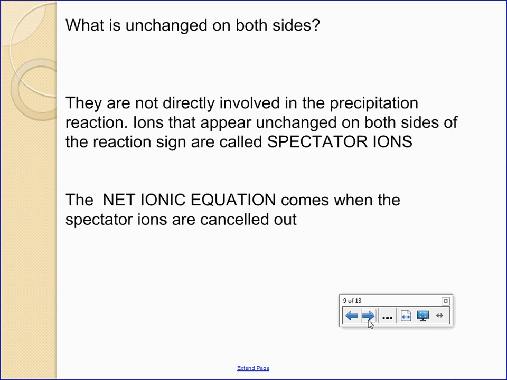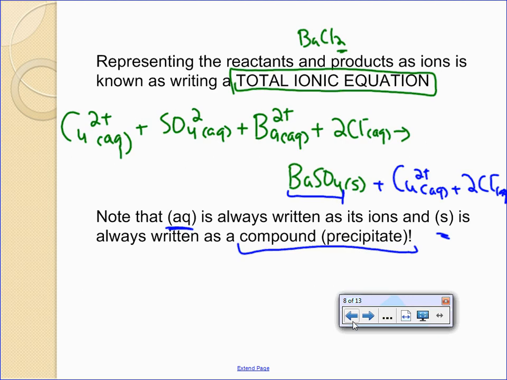So when we look at this particular reaction, we have to ask ourselves, what is unchanged on both sides? So what remains the same? If we go back and have a look at our reaction, we'll see that we have copper ions on our reactant side. We have copper ions on our product side.